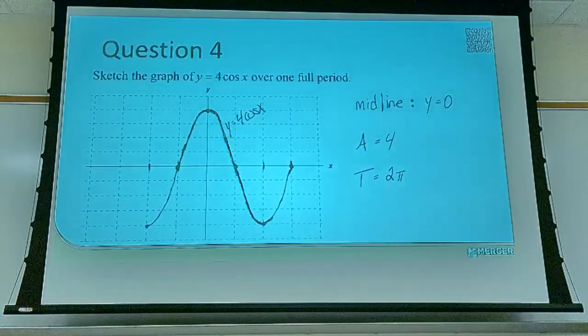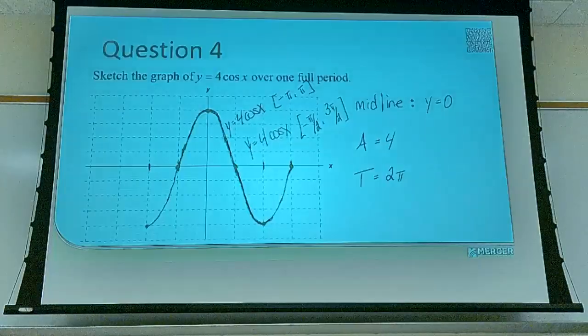Doesn't matter how you do it. As long as you graph one full period, you're fine. What interval you choose doesn't matter. I'll do this. I'll include the intervals that I used as well for those.